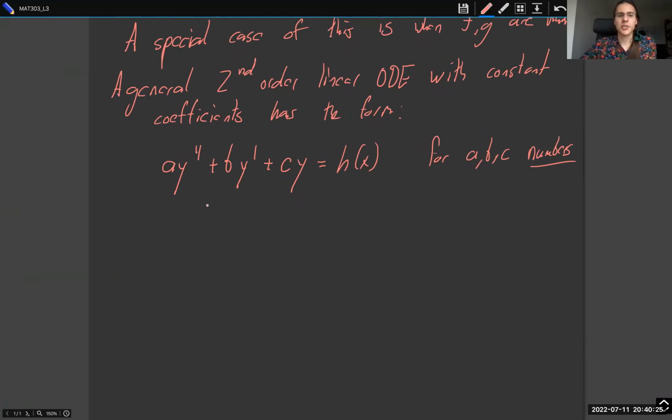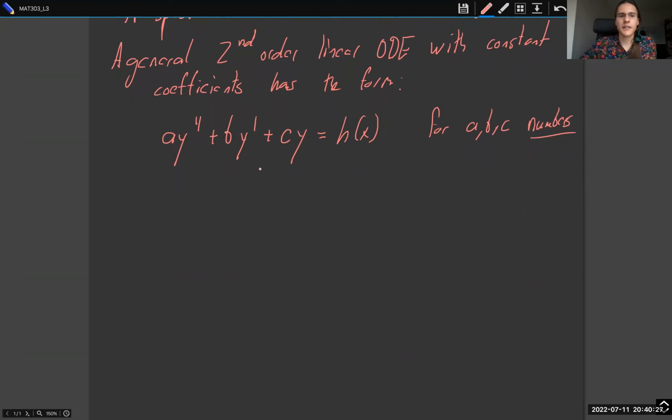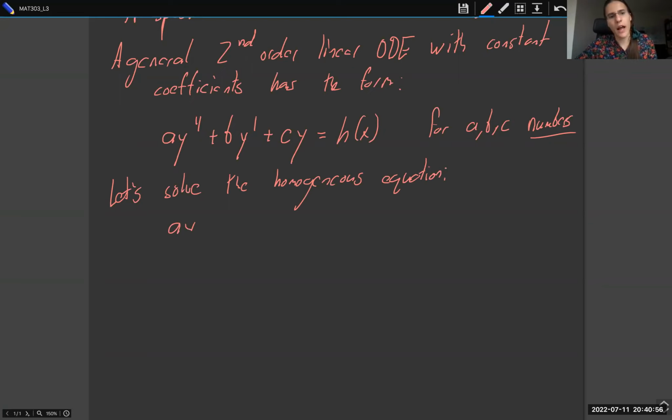Now what I'm going to do today is consider the homogeneous equation. So let's solve the homogeneous equation, which is a y prime prime plus b y prime plus c y equals 0.